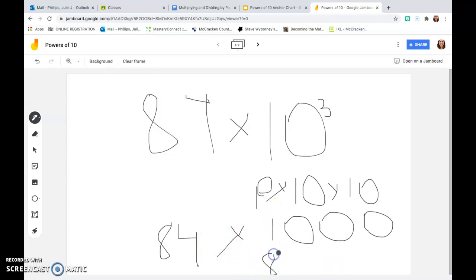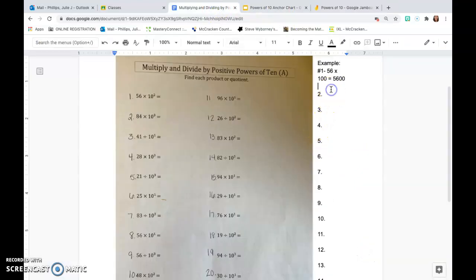So I'm going to put 3 zeros at the end of 84 to show that I moved it 3 times. 1, 2, 3, for an answer of 84,000. So I'm going to go back over here to my assignment, and I'm going to type my answer, 84,000, right here. Here are my problems. This is where I'm going to type my answers on the right side.